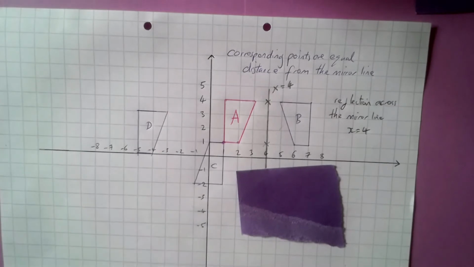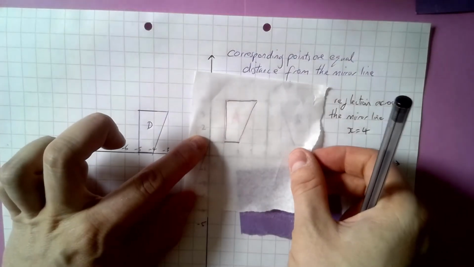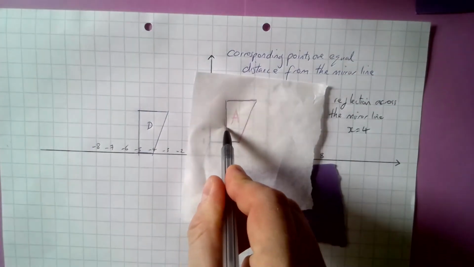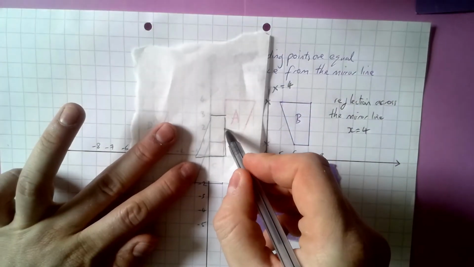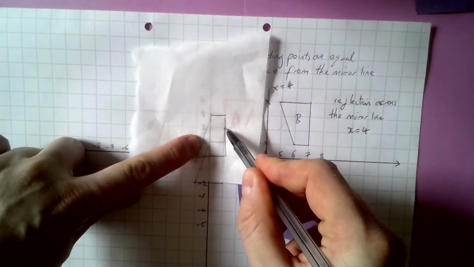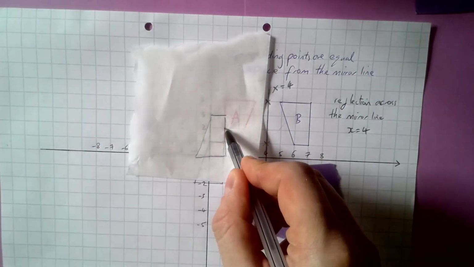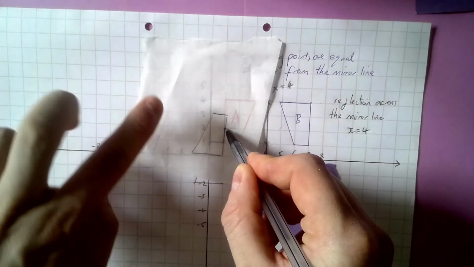To work out how things rotate, I'm going to again use the tracing paper. So if I put it on top and choose a point and put my pen in it and then turn the shape around, I'm trying to find where my tracing paper lines up with this shape. I've not found the right center yet. There's no way that that is going to get onto that part.